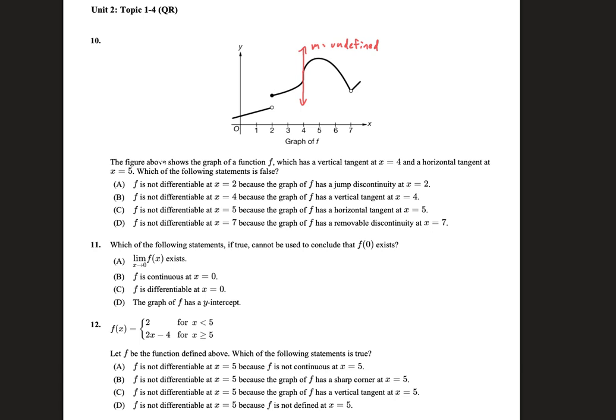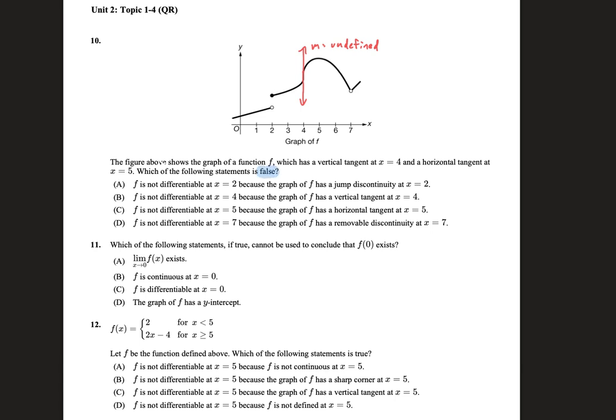Then they say, which of the following statements is false? The first one says f is not differentiable at x equals 2 because the graph of f has a jump discontinuity at x equals 2. That's true, so that's not it. Because we want to know which one's false, right?